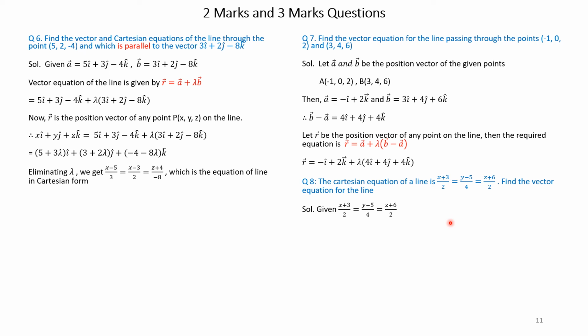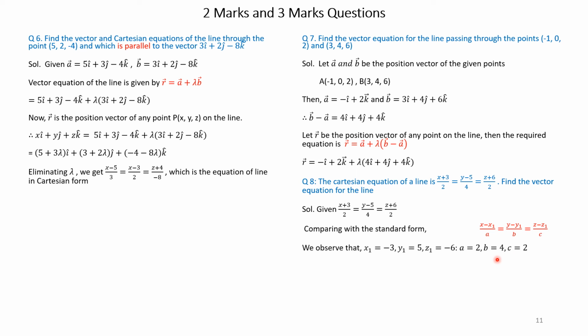Therefore, the given Cartesian equation is written x plus 3 by 2 equals y minus 5 by 4 equals z plus 6 by 2. Comparing with the standard Cartesian equation x minus x1 divided by a equals y minus y1 by b, that is equal to z minus z1 by c.